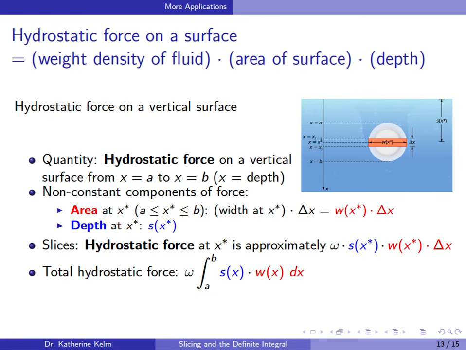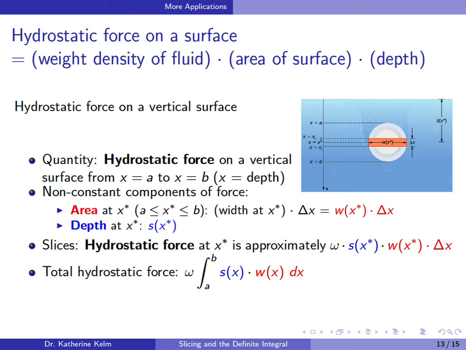Lastly, we're going to talk about hydrostatic force on a surface. If you've taken a physics class, you may know that the hydrostatic force on a surface that is submerged is the weight density of the fluid times the area of the surface times the depth.